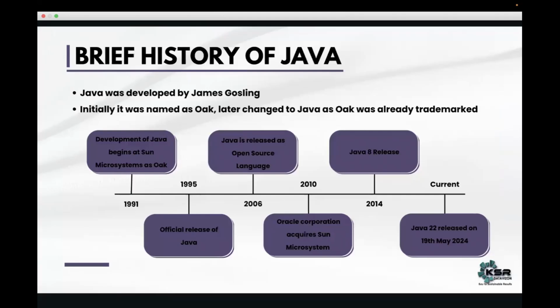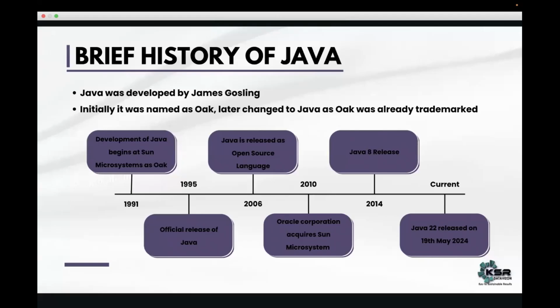Now let's see some brief history of Java. Java was developed by James Gosling at Sun Microsystems. James Gosling thought that most languages are dependent on the OS we run.